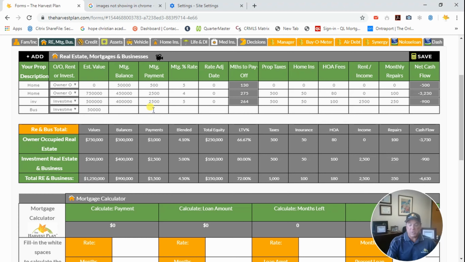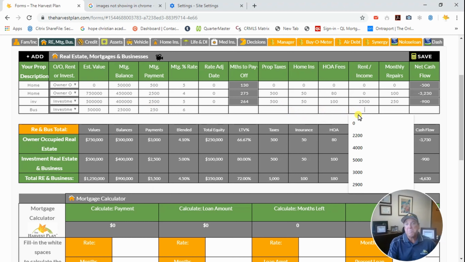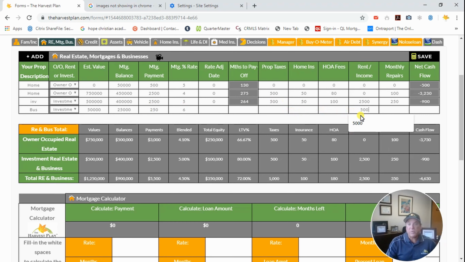And maybe I have a small business loan on it for $25,000. Maybe the payment on that is $250 a month at 6%. And let's say I derive $500 in monthly income, and maybe it costs me $200 in expenses.